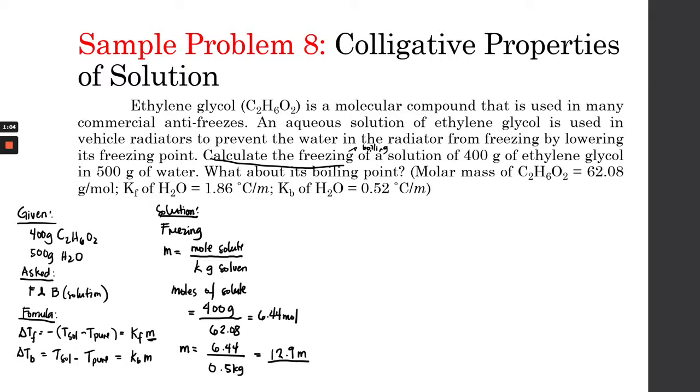Now that we know the molal, we can use the Kf of the solvent to solve for delta Tf. So Kf multiplied by the molal concentration. The Kf of H2O is 1.86 degrees Celsius per molal, and that's times 12.9 molal. Cancel the molal, and the change in the temperature is equal to 24.0 degrees Celsius.